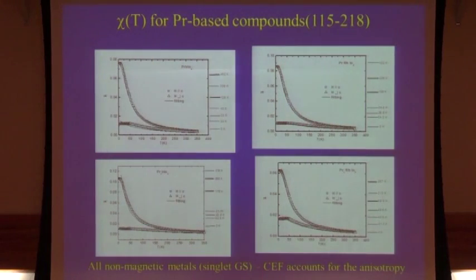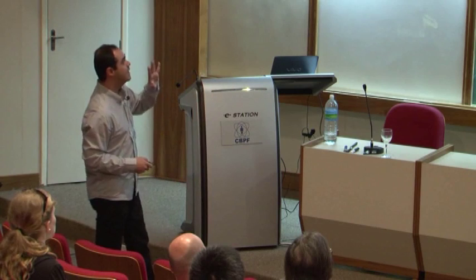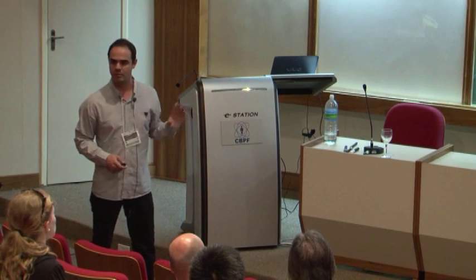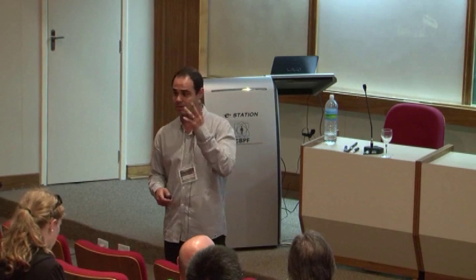But the important thing is that if you go to lower symmetry, crystal fields can become more and more important, and they can create effects in your data that can create some confusion. For instance, here I'm showing the magnetic susceptibility for tetragonal compounds. They are praseodymium-based tetragonal compounds. And they are non-magnetic at all because they have a singlet ground state. Praseodymium is a non-Kramers ion.